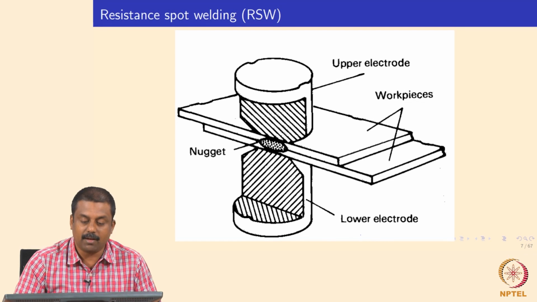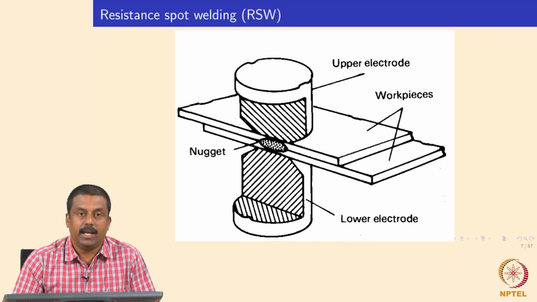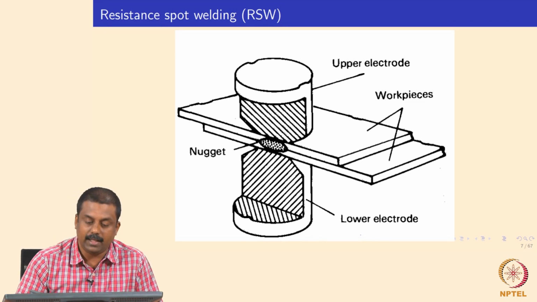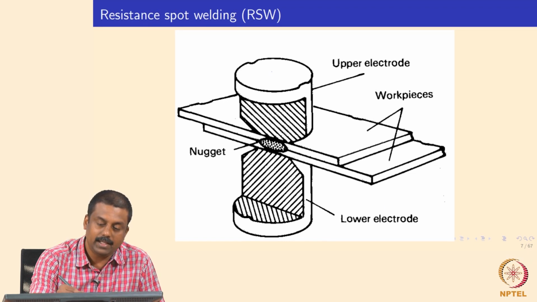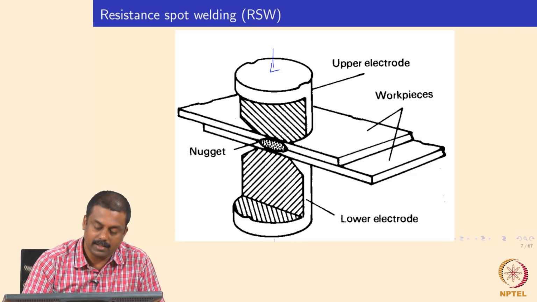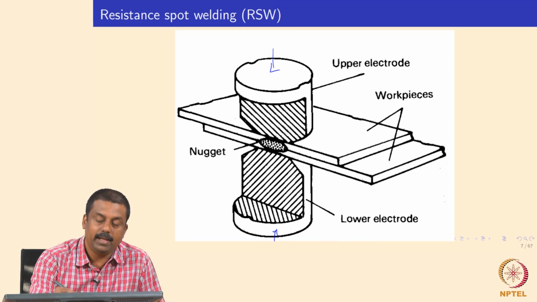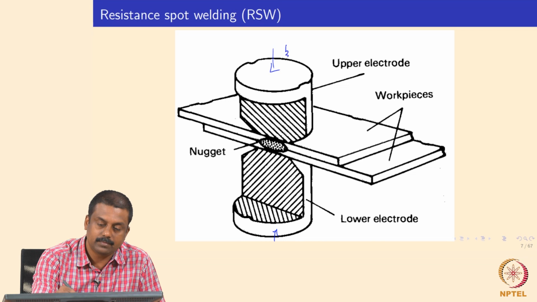So this is a cross section view of the actual electrode and the sheet geometry. This is the upper electrode, as I explained, this is the lower electrode, and this is the cross section view. Generally, you pass a current in this direction, and then we also apply some load.